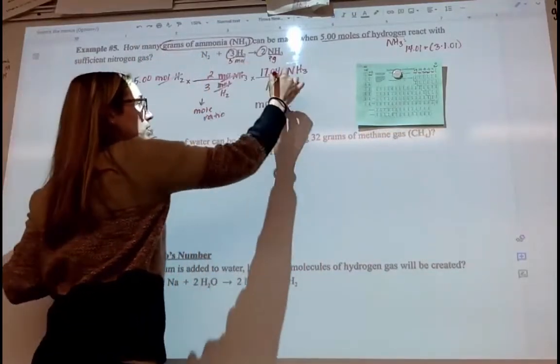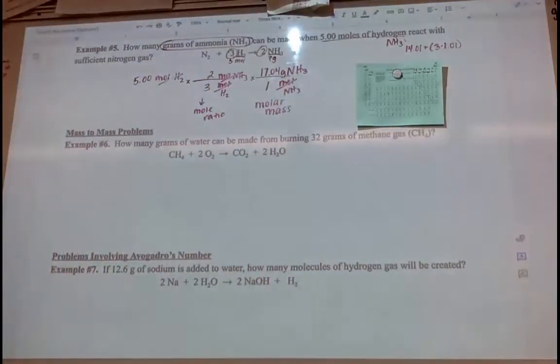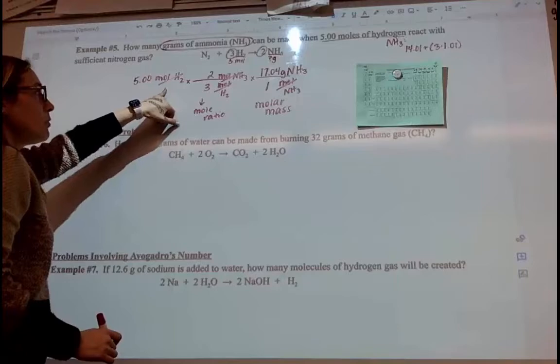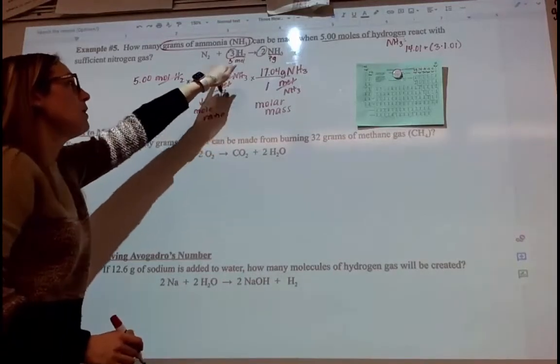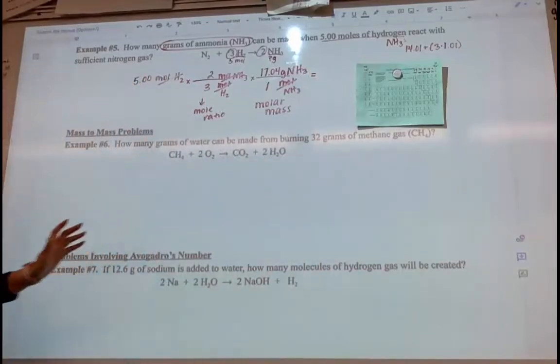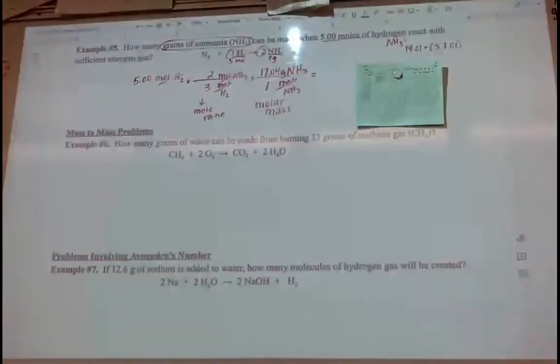So notice how units, again, cancel. When one is on the top and one is on the bottom, they cancel. That's the whole point of doing dimensional analysis. So our given was in moles. We canceled it out, went to a new substance, canceled it out, went to grams. Now we multiply across the top. Divide by what's on the bottom.